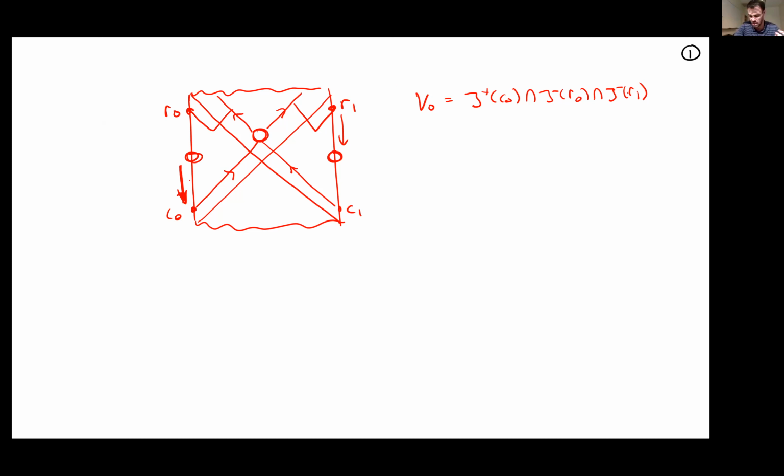Certainly you can think about computations happening in the bulk here, but it's a little bit confusing to translate that into a question in the boundary because of this non-local coupling messing with your causal structure. Maybe it may be possible to make better sense of this than I have. I'm confused about it.